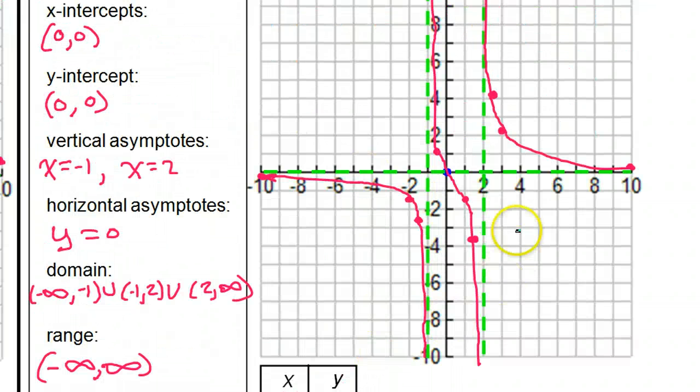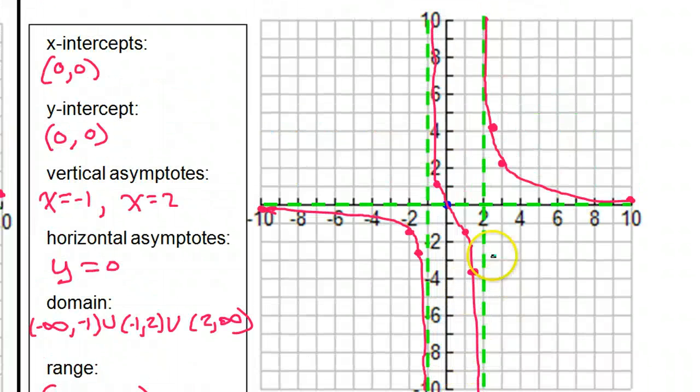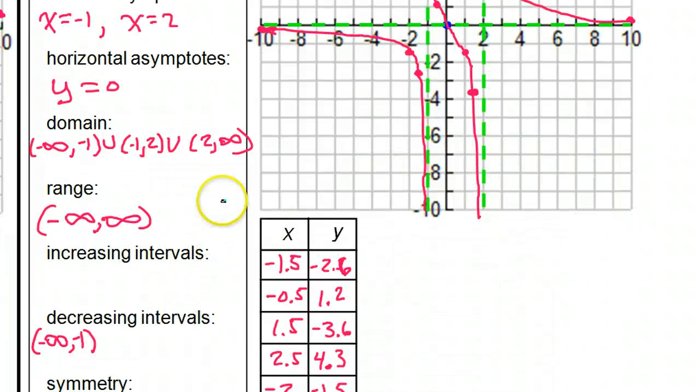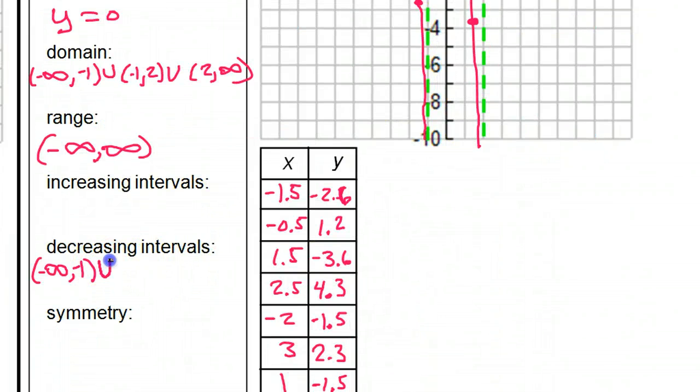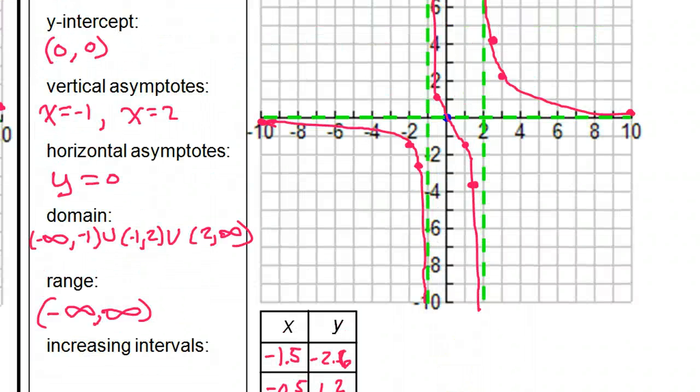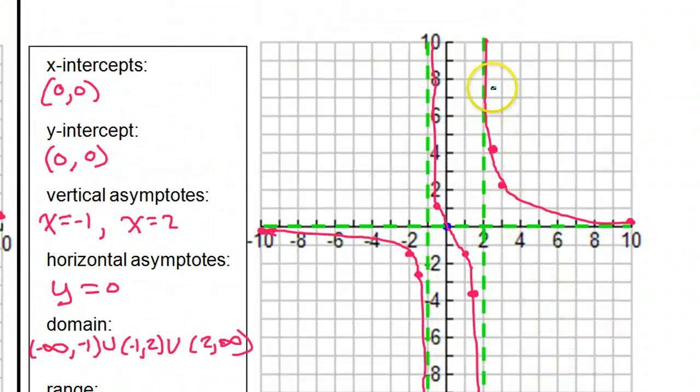Okay, now how about this middle part? As I trace this, it's falling, falling, falling, falling, falling. The entire way, it's decreasing. So that's decreasing from negative 1 to 2. Now how about this last part?